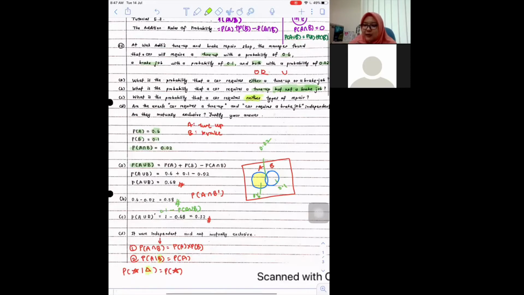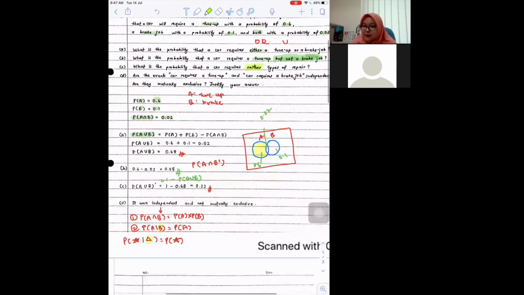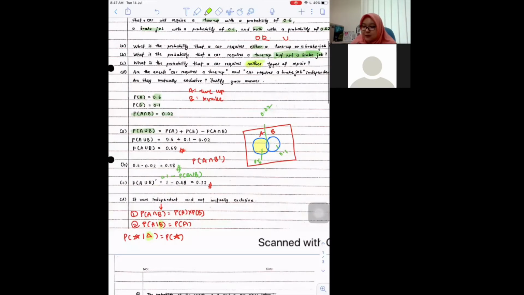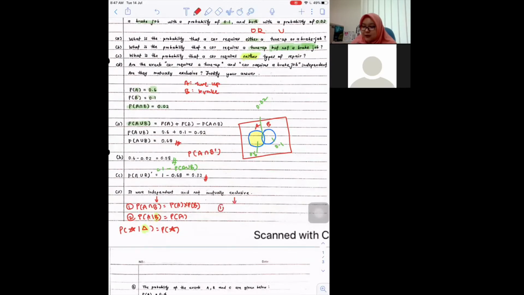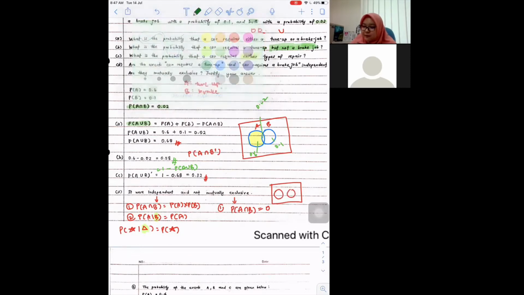How about mutually exclusive? Mutually exclusive meaning that P(A intersect B) is equal to 0. Okay, if you want to see from Venn diagram, A and B cannot intersect.